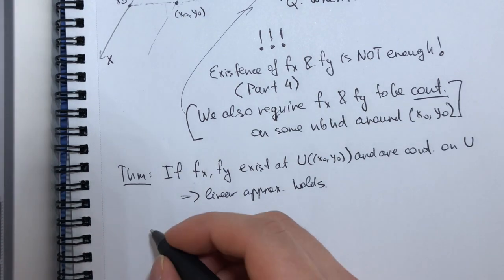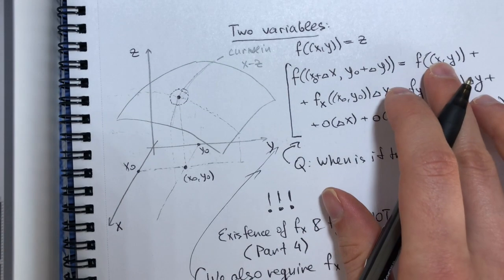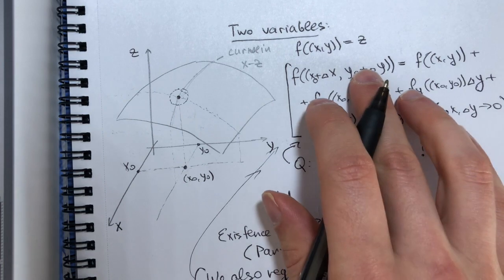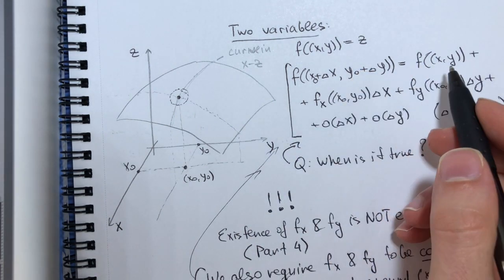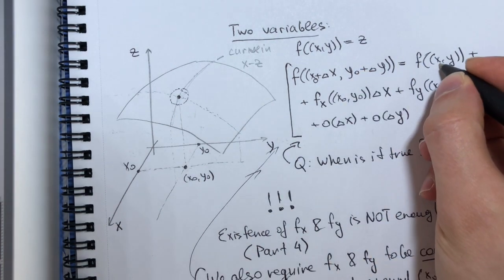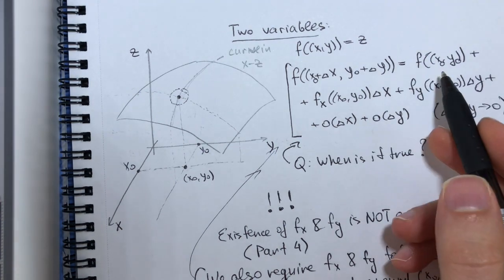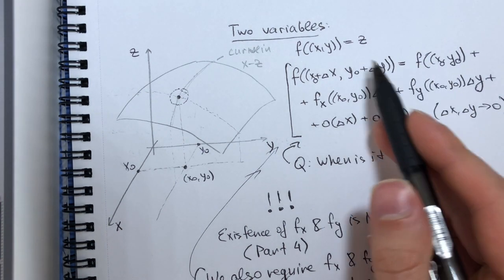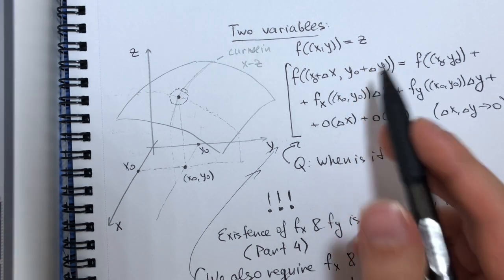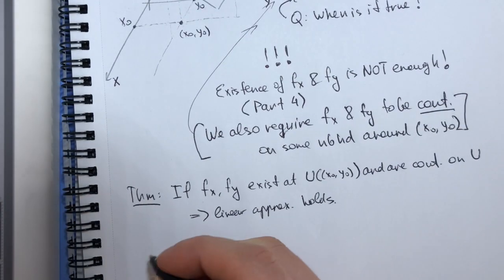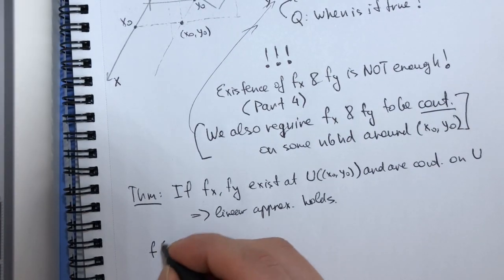So let's prove it. We know that if we subtract f of x naught, y naught from the right hand side, we get a total change of a function. So we now have this.